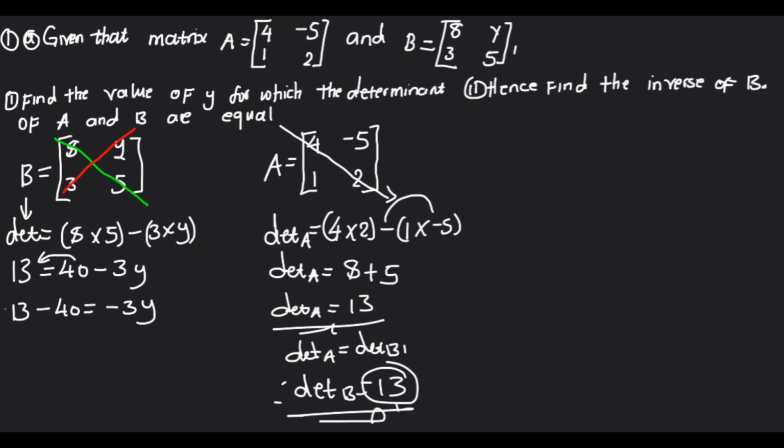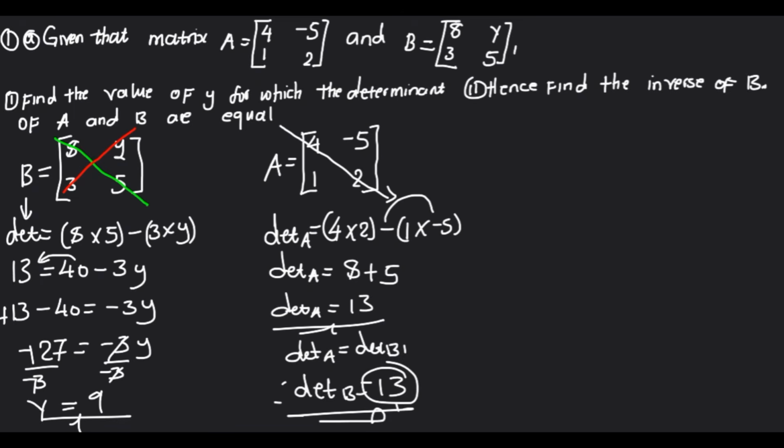Then 13 minus 40 will give us negative 27 is equal to negative 3Y, over negative 3, over negative 3. Then Y is equal to 27 divided by 3 is 9, and we get positive 9, since the two numbers that are dividing have the same sign. So we've found the value of Y.